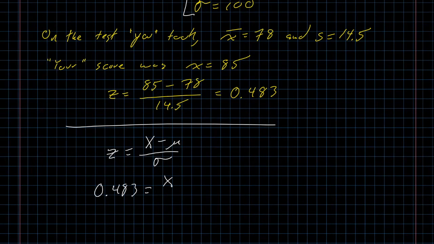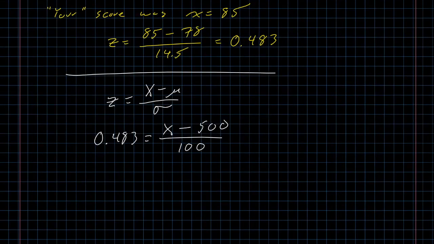My SAT score, I don't know. I'm going to call that capital X. I know that the mean of my SAT score is 500, and the standard deviation of my SAT score is 100. I have to do a little bit of algebra: multiply both sides of the equation by 100, and then add 500 to both sides.